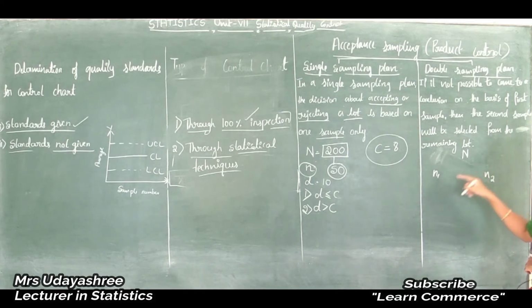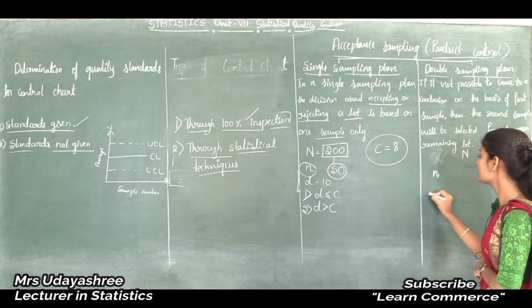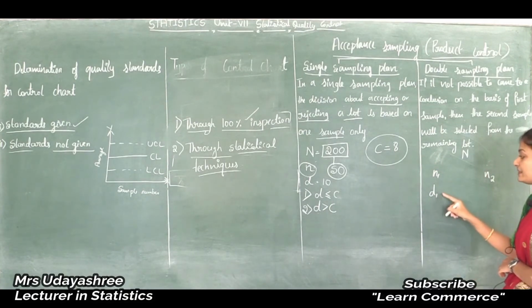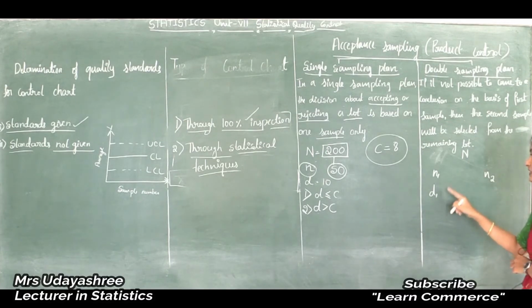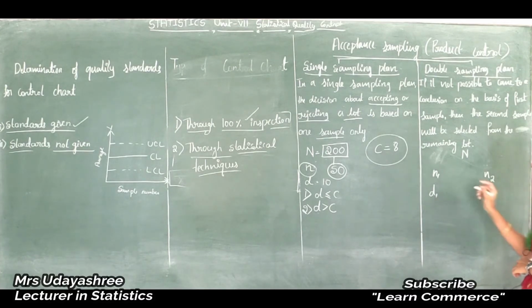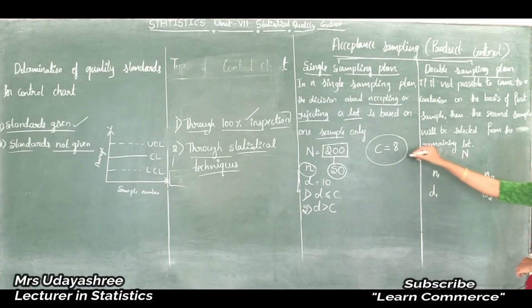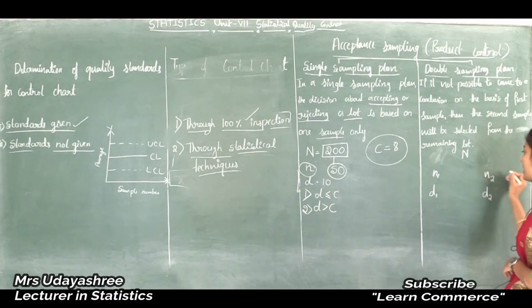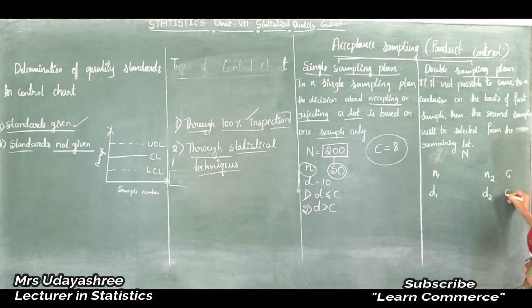Next, the defectives are D1. D1 is the number of defectives in the first set of sample, and D2 is the number of defectives in the second set of sample. Like that, here also I will fix some acceptance numbers, C1 and C2.